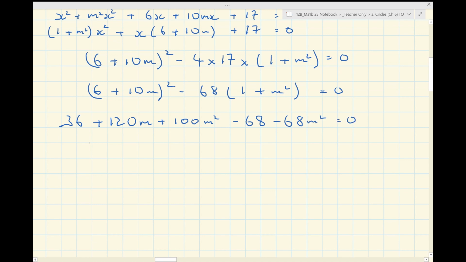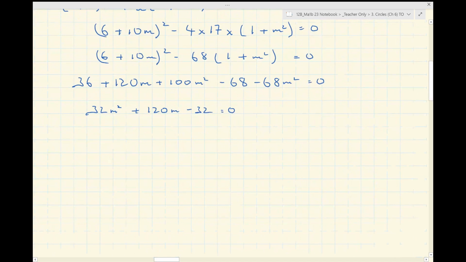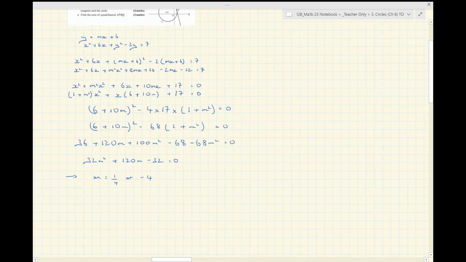Right, to tally that up, I'm going to have 32m squared plus 120m minus 32 equals 0. Now I need to solve that equation to find out what m will be. I use the formula, and having used the formula, I have the solutions that m is a quarter or m is minus 4. So that tells me what my two lines are.